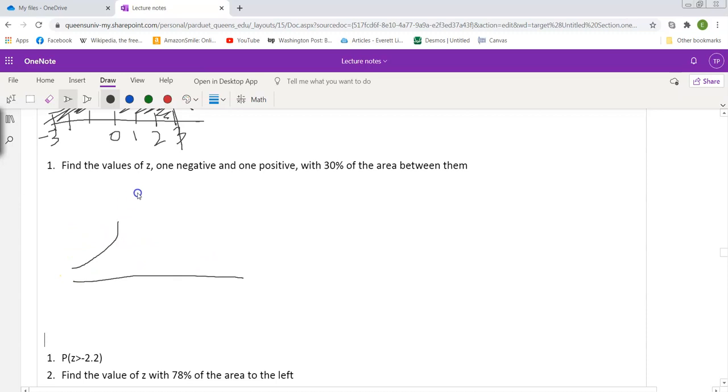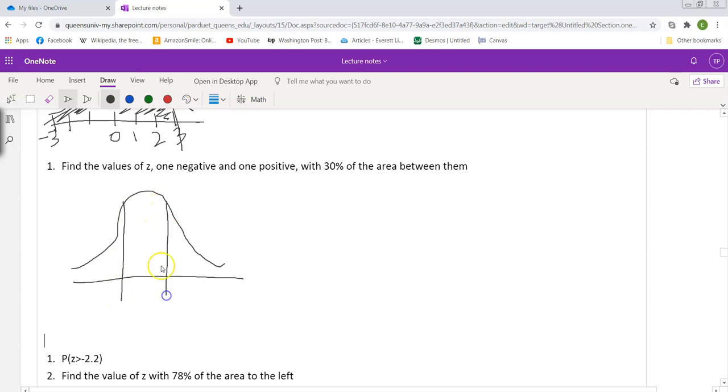They're asking us to find the two values of z, one negative and one positive, with 30% of the area between them. So this is going to be negative z, and this is going to be positive z.